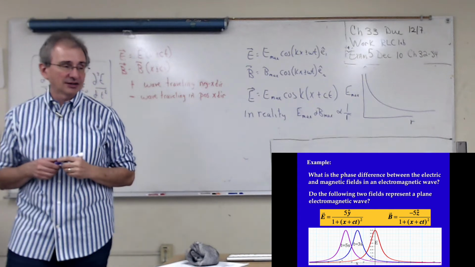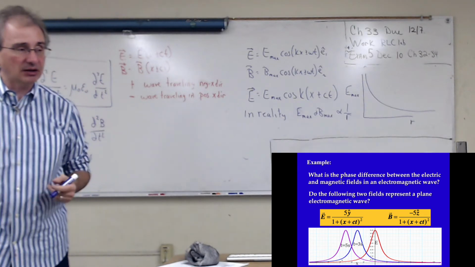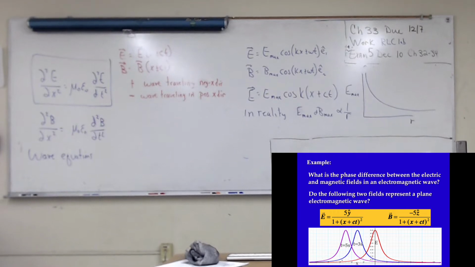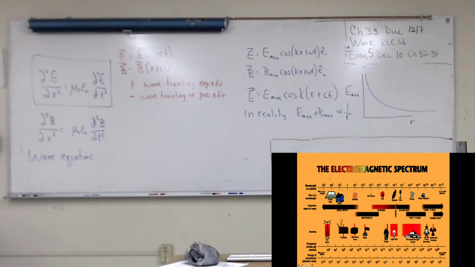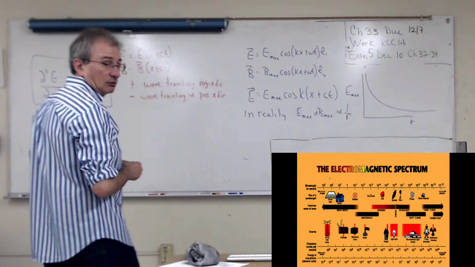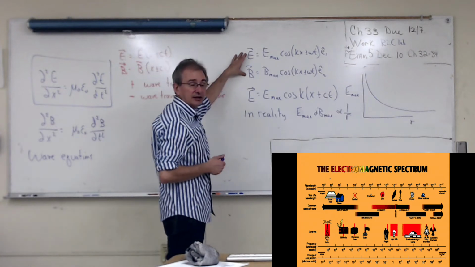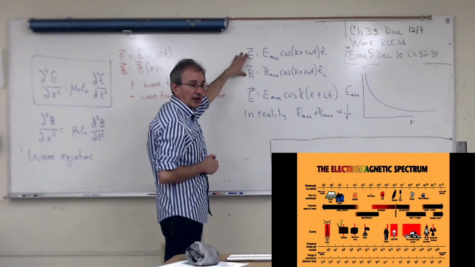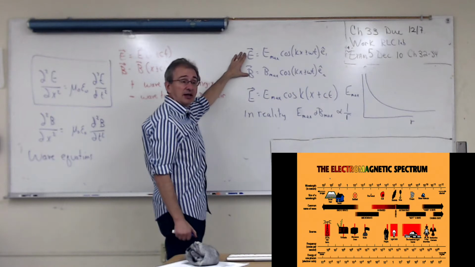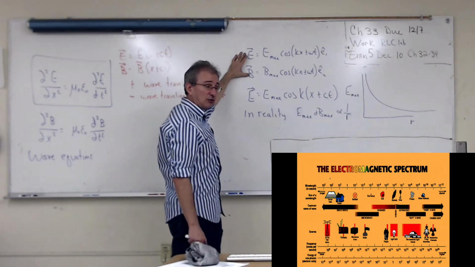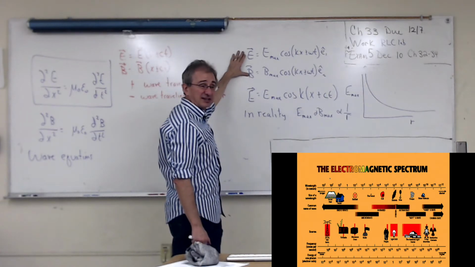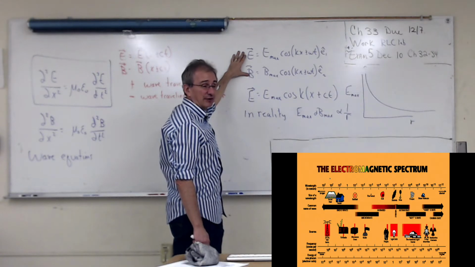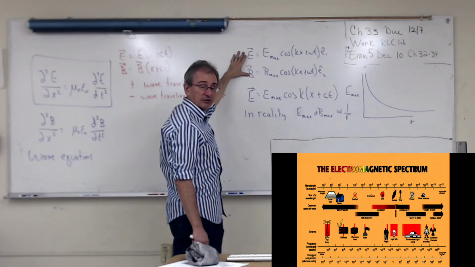Now, those are not the kind of waves we really talk about in this class. The waves we talk about are the kind that come from an oscillating source. We're mainly going to talk about waves that look like this. And these are useful because we can use them to explain a lot of phenomena we observe in everyday life.